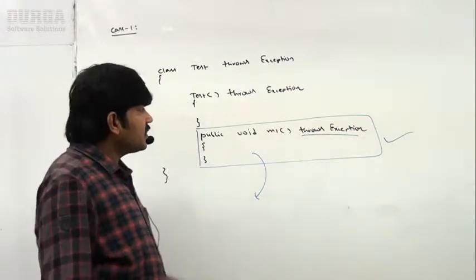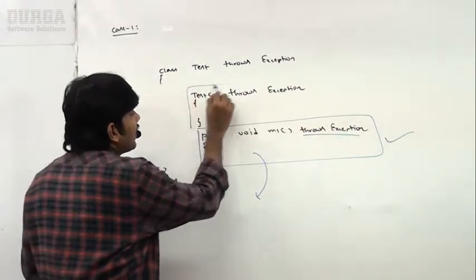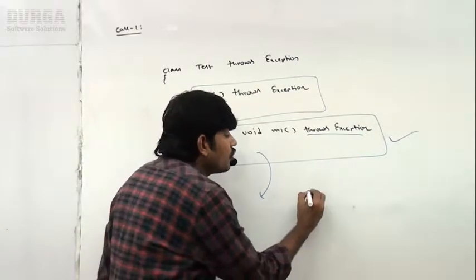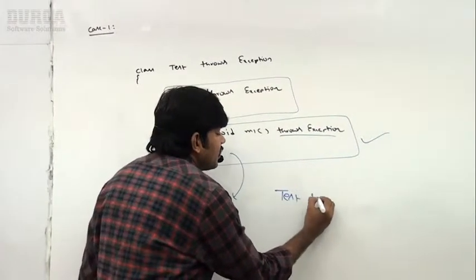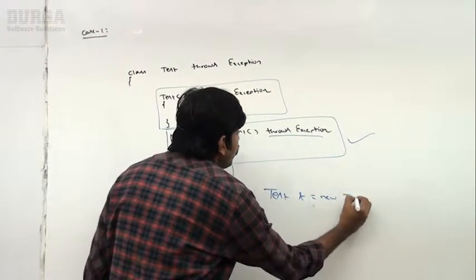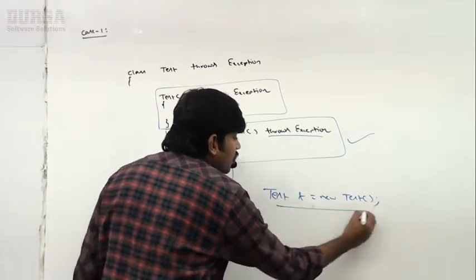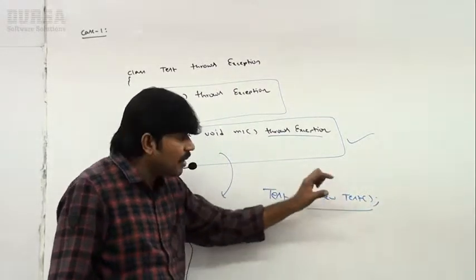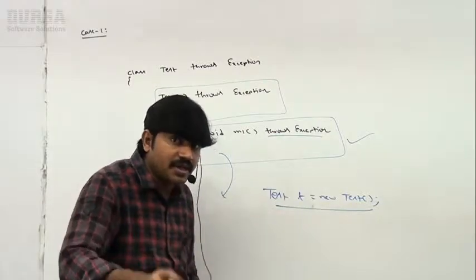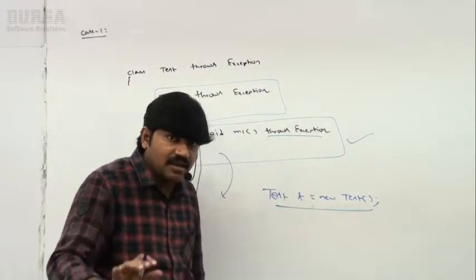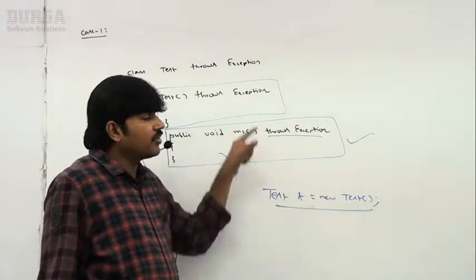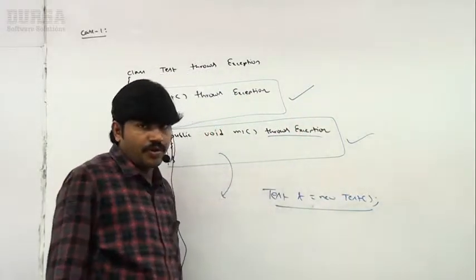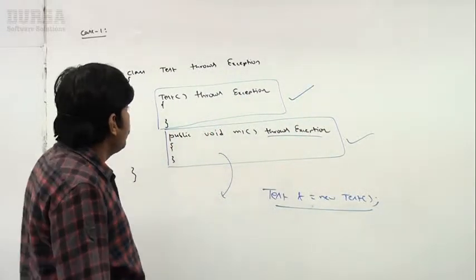Next, the constructor also has a caller: the person who creates the object, Test t = new Test(). He is the caller and is responsible to handle this exception. That's why it is also meaningful. No problem, it is acceptable.